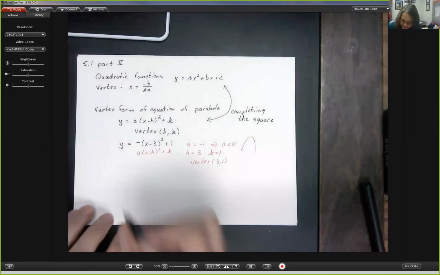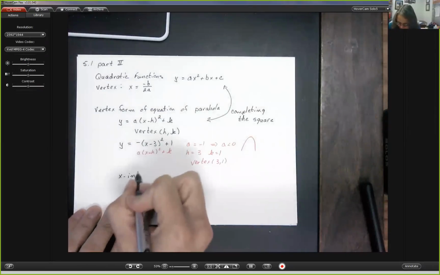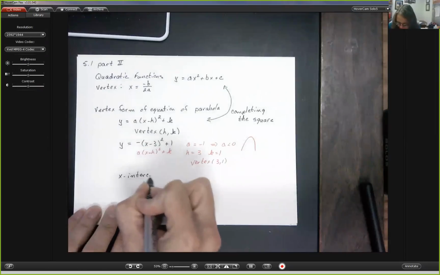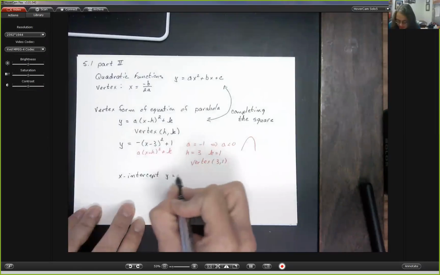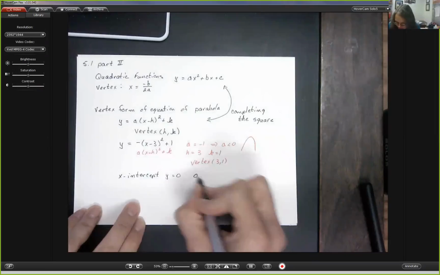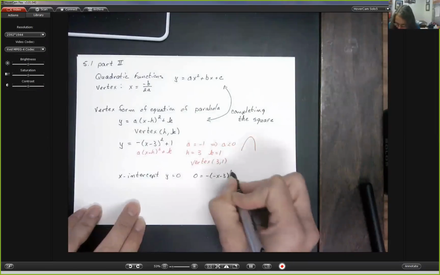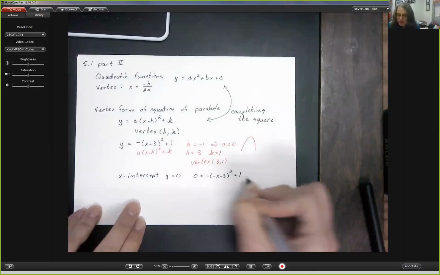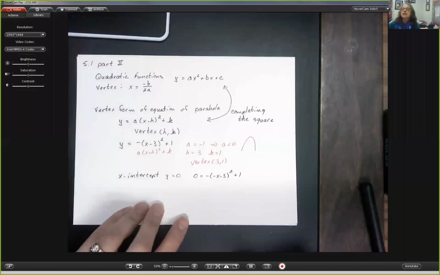So let's find the x-intercepts by plugging in 0 for y. X-intercept means y equals 0. So that means we're going to solve the equation 0 equals negative x minus 3 squared plus 1. Now you may be thinking to yourself, oh, now I have to FOIL that out and distribute that negative sign.